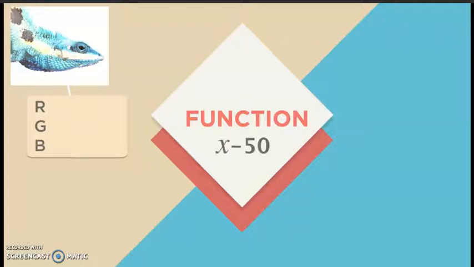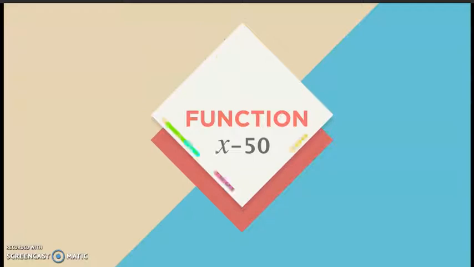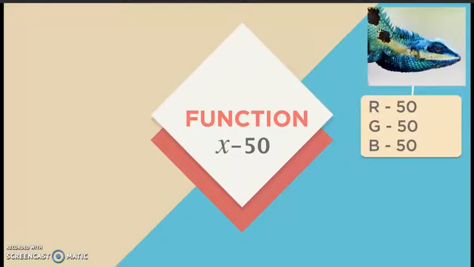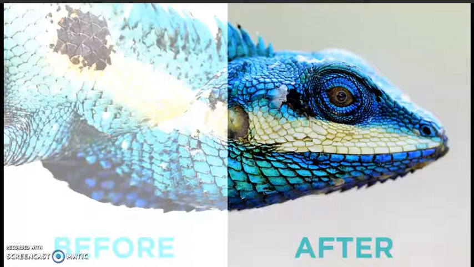So subtract 50, right? And obviously you can't go below 0, but you just subtract 50 from each of them. And that's the output. So the input is RGB, and the output is R minus 50, G minus 50, and B minus 50. What you'll see is you take in an image with a certain brightness, and you get out an image with a much darker brightness.